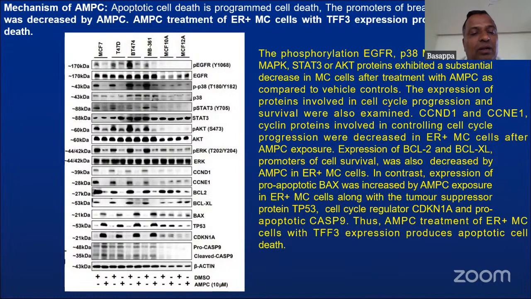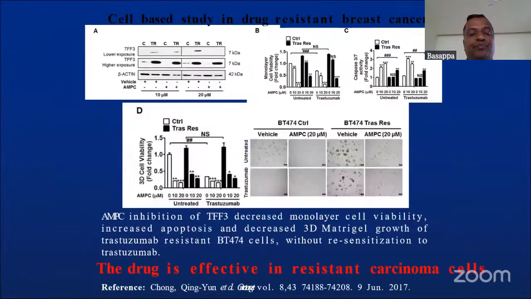We have shown, using different cancer cells, that the other gene products got decreased upon treatment with AMPC. This is the work which we have published in ACS Translational Oncology. Sorry, I didn't mention that.